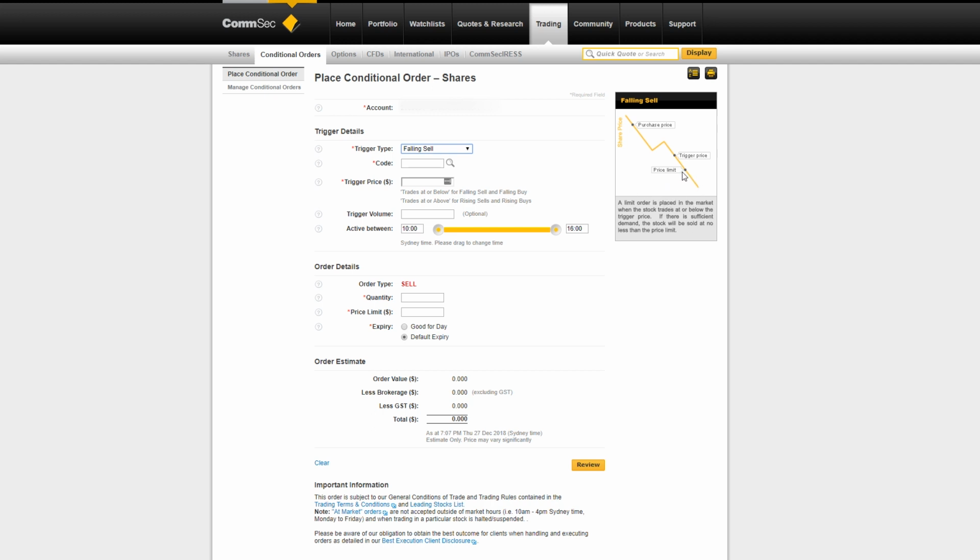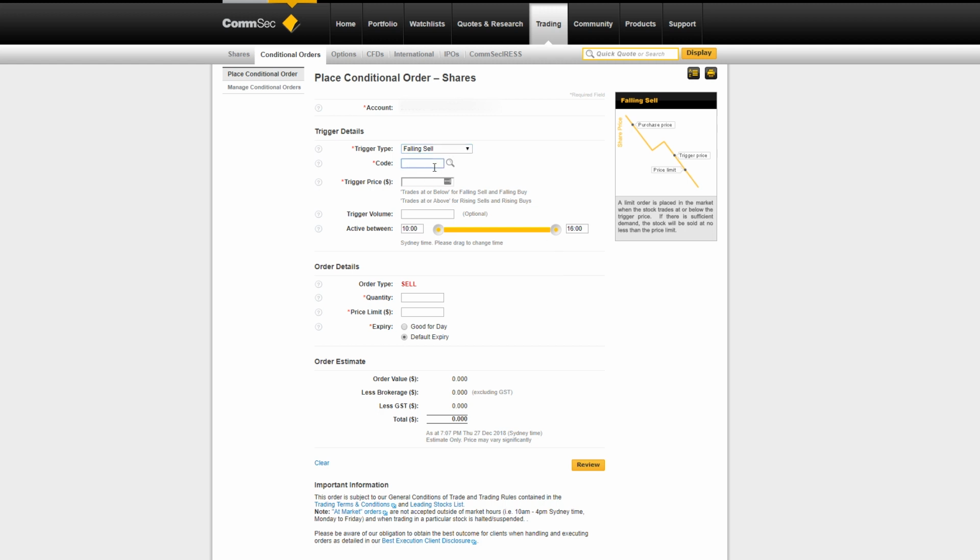So it's important to set your price limit a little bit lower than your trigger price. This ensures that regardless of volume, you still will sell some at your trigger price and then the rest at a slightly lower price. For example, if that's $100 and your trigger price is $90, this might be $87 or $88.